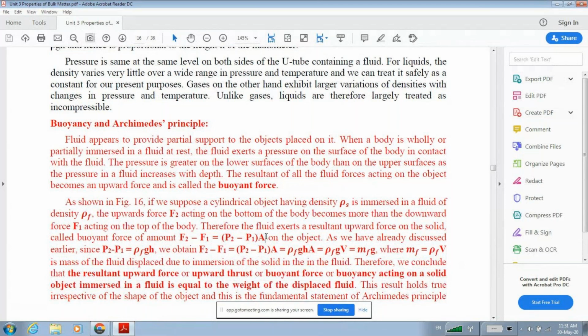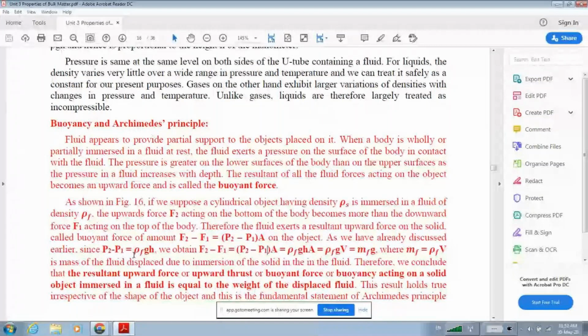In the earlier case we have already derived P2 minus P1 equal to rho GH, where rho is the density of the fluid. Here also you can take it as P2 minus P1 equal to rho GH, where instead of rho we have taken rho F, specifically mentioning that it is the density of the fluid.